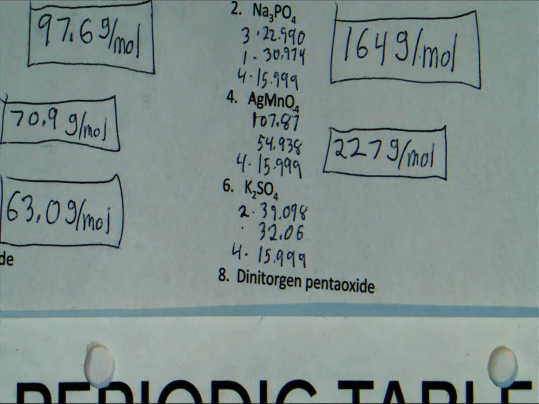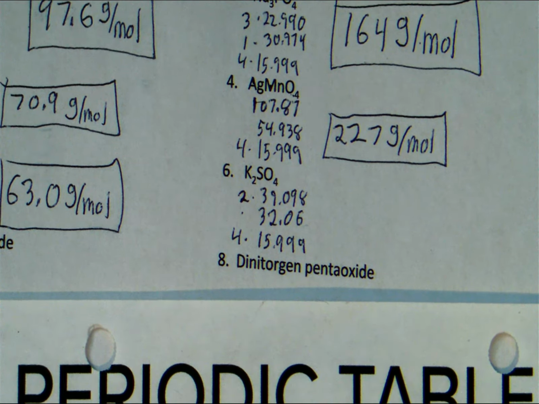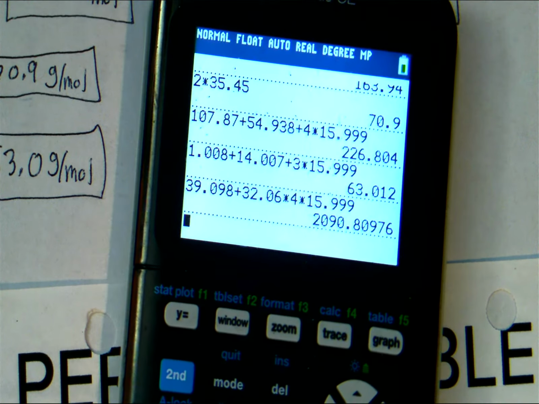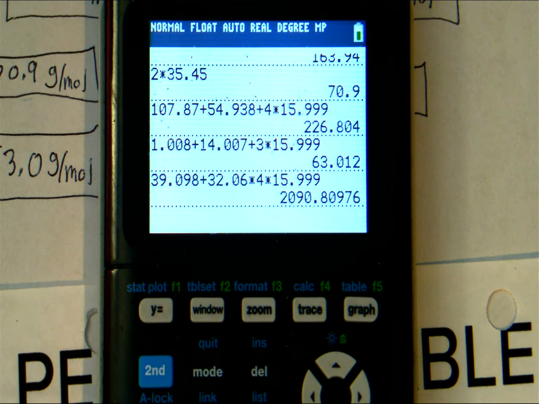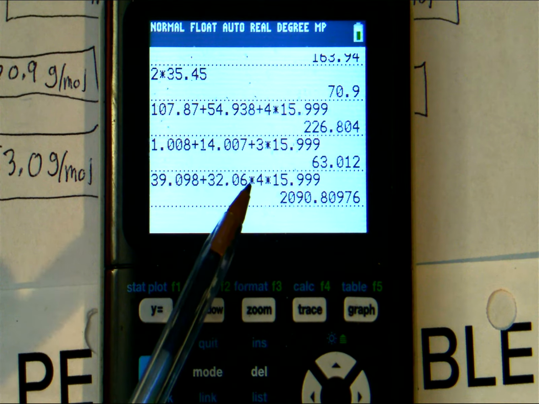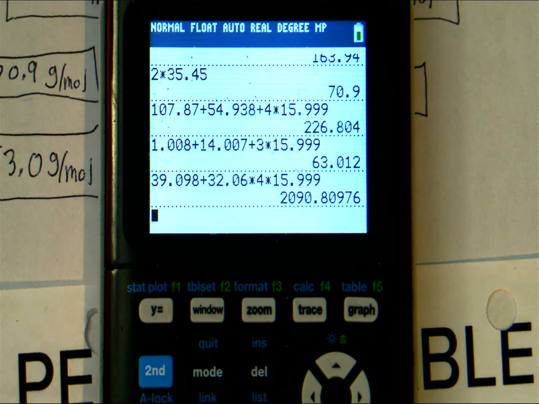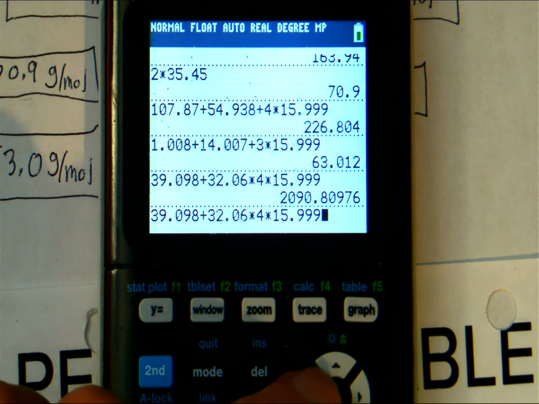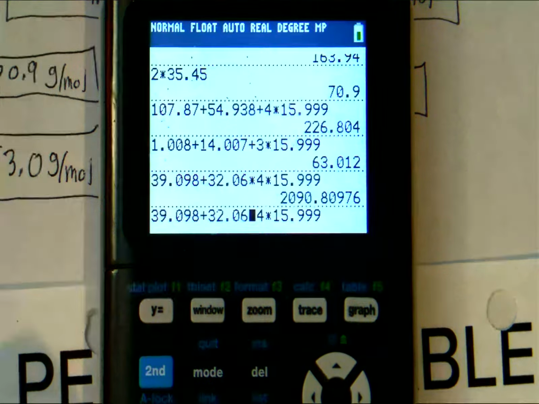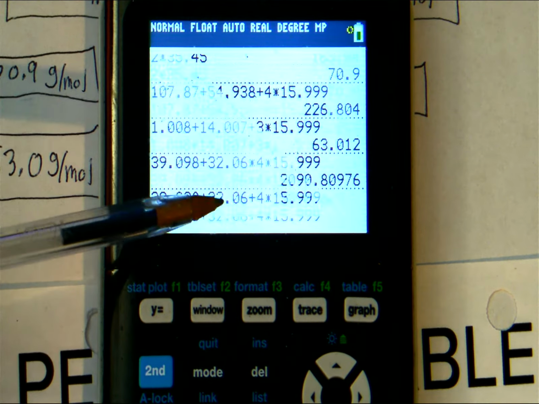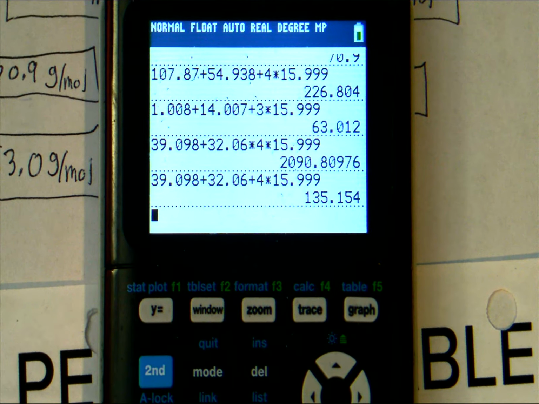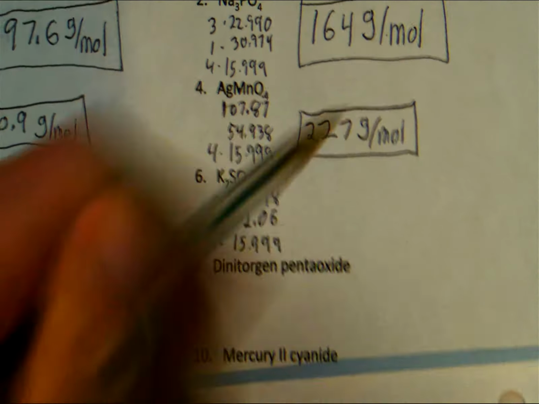So 39.098 plus 32.06 plus 4 times 15.999, enter. And again, we can see that's an unreasonable answer because I have a multiplication symbol where I should not have a multiplication symbol. So I'm going to re-enter this with a plus sign, replacing that multiplication sign. And now I have a much more reasonable result, 135 grams per mole.